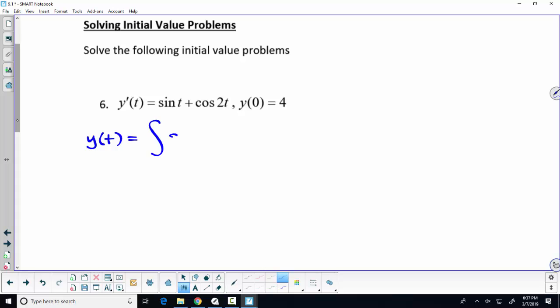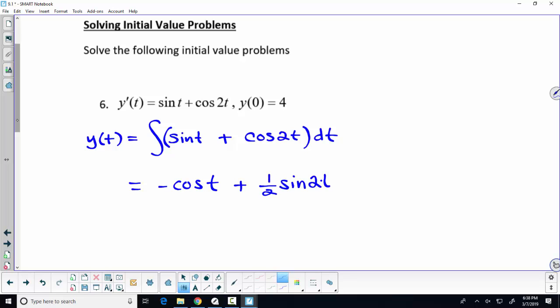So we're going to integrate sine t plus cosine of 2t with respect to t, and get minus cosine t plus 1/2 sine 2t plus c. Okay.